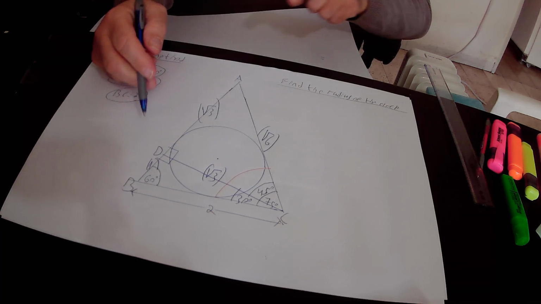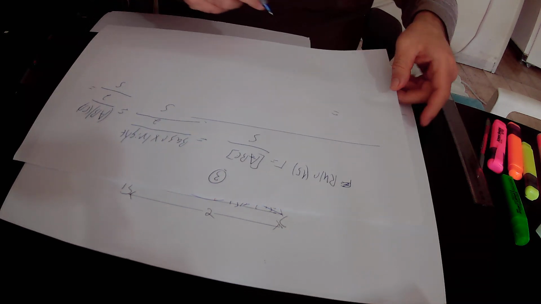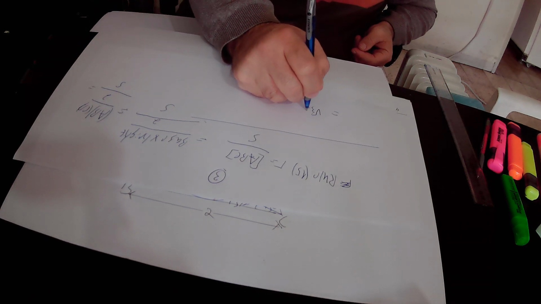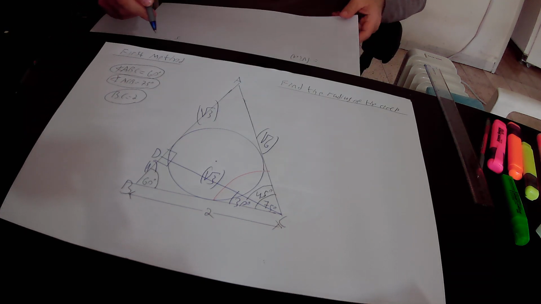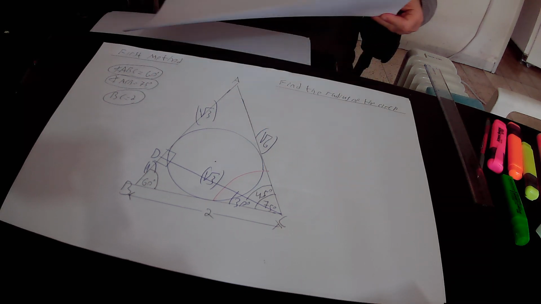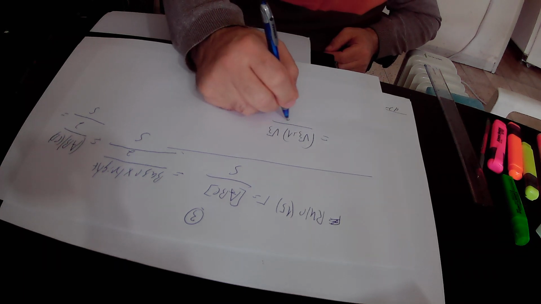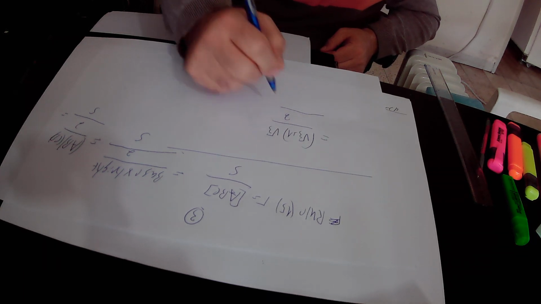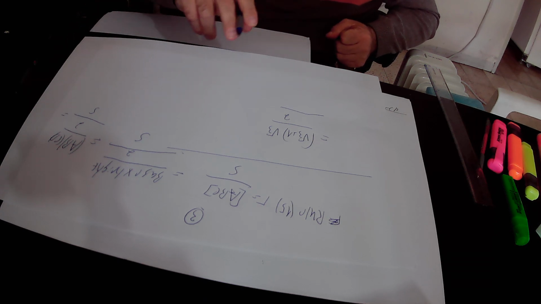AB equals the square root of 3 plus 1 times CD. CD equals the square root of 3, all divided by 2, and we have to divide it by S, that is the semi-perimeter of the same triangle ABC.